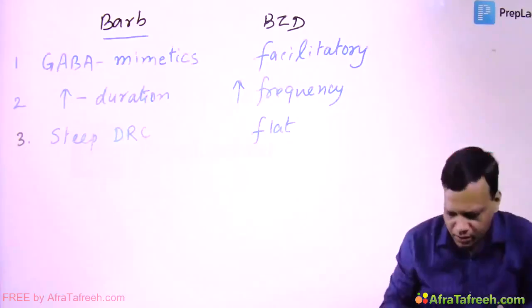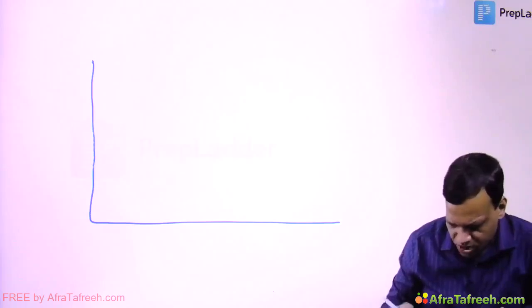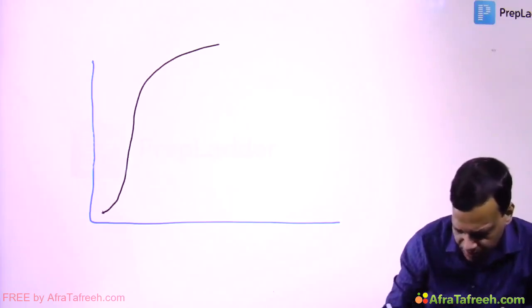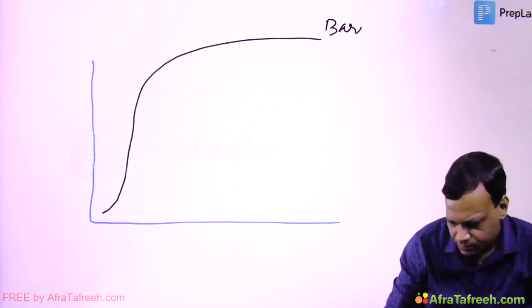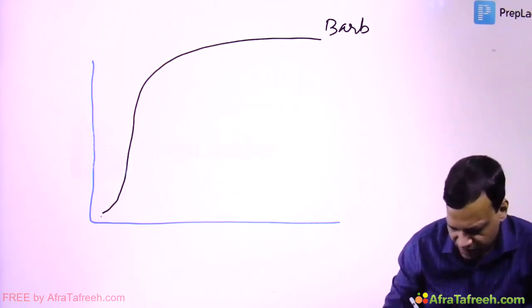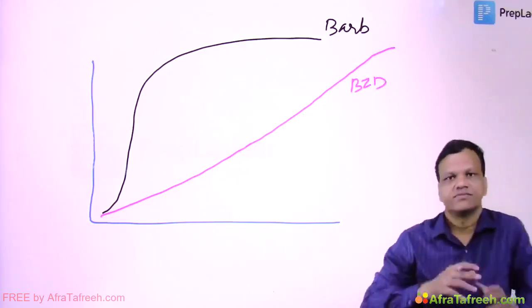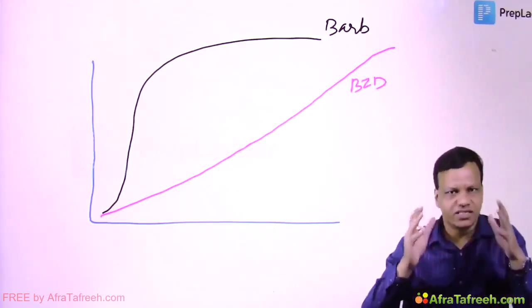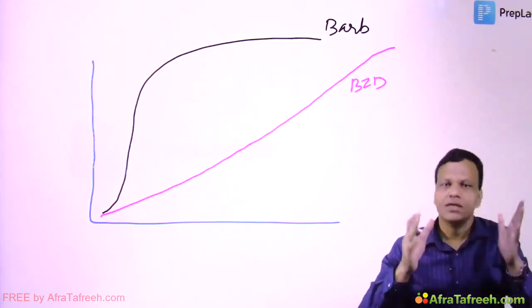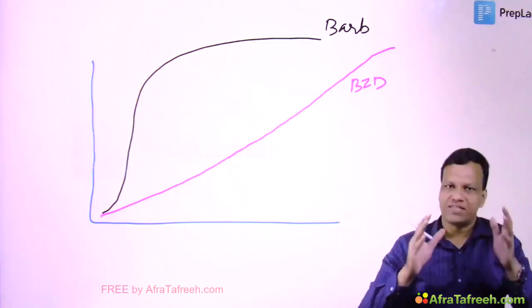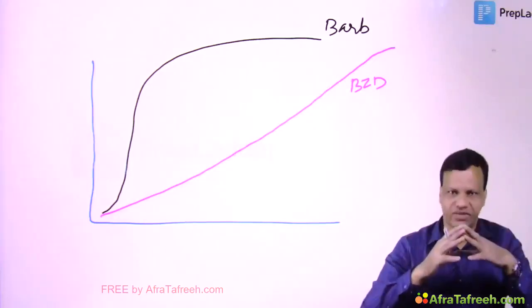If you remember, when we discussed in general pharmacology regarding the dose response curve, barbiturates have this type, whereas benzodiazepines have this type, flat DRC. And do you remember what the difference in the DRC tells us? Due to slope? Yes, S for slope, S for safety. Slope tells about safety.